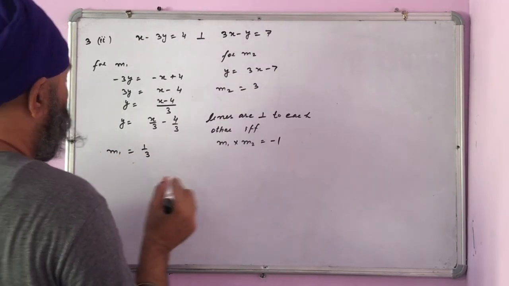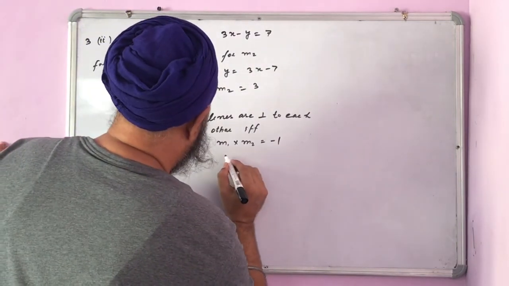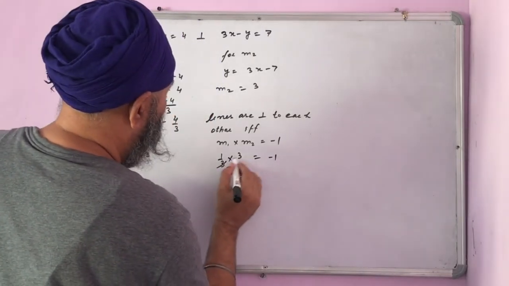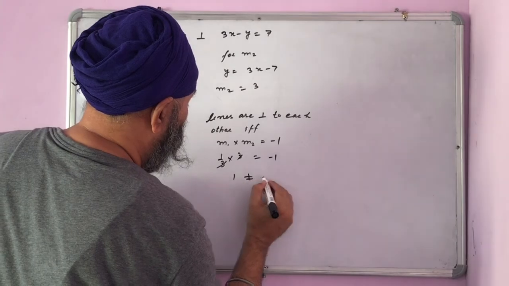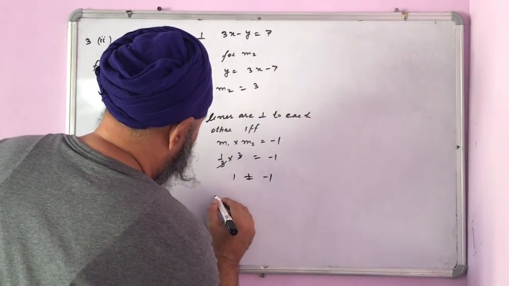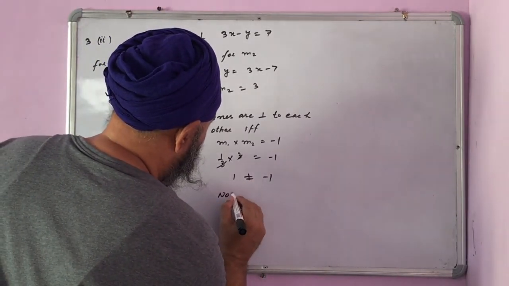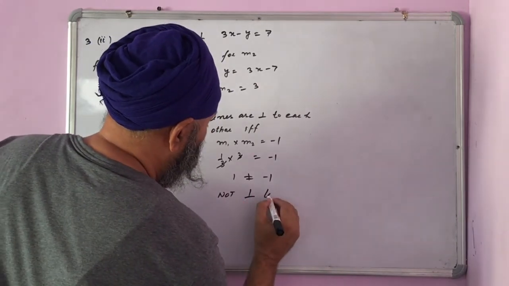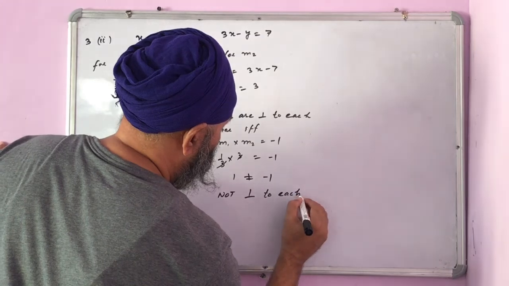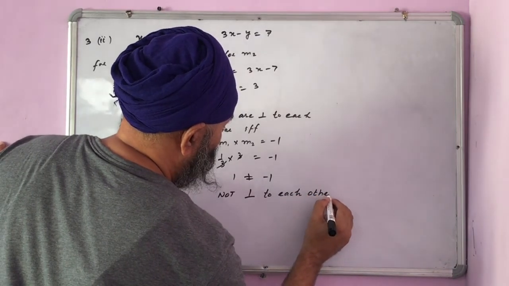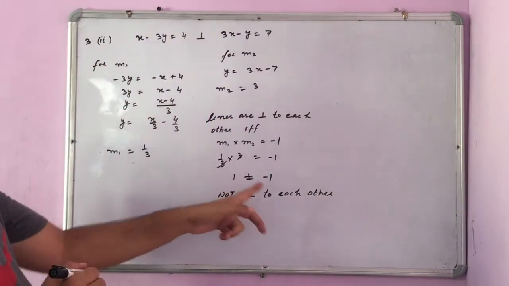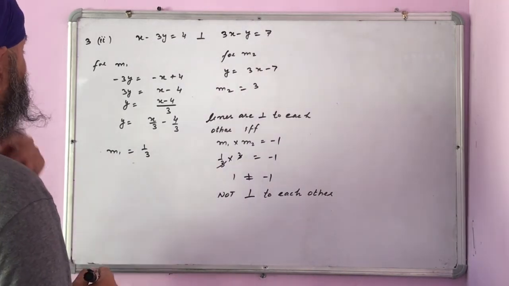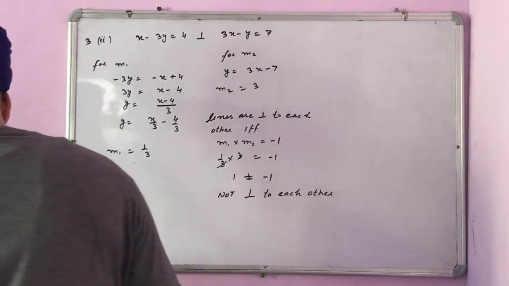So m1 is 1 by 3, m2 is 3. Now we cancel out, it is 1, not equal to minus 1. So lines are not perpendicular to each other. If the product is minus 1, then only the lines will be perpendicular.